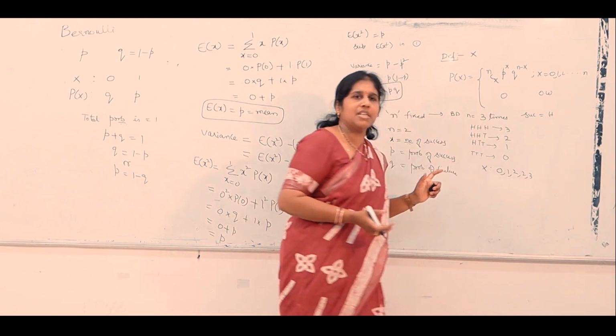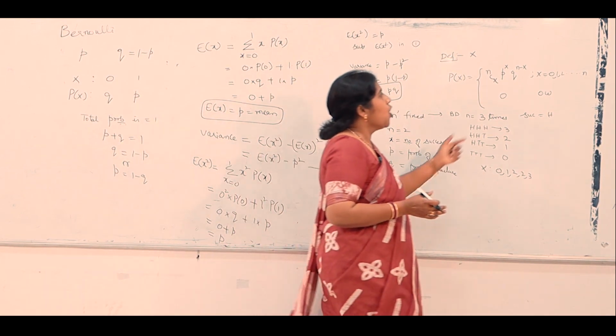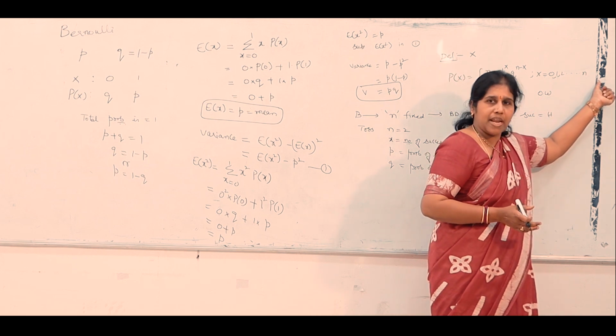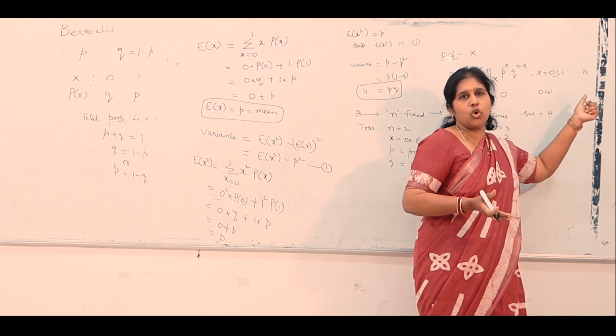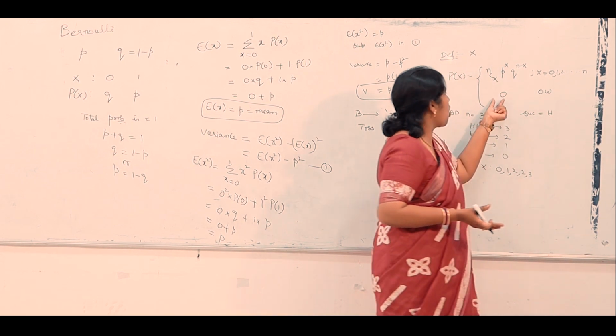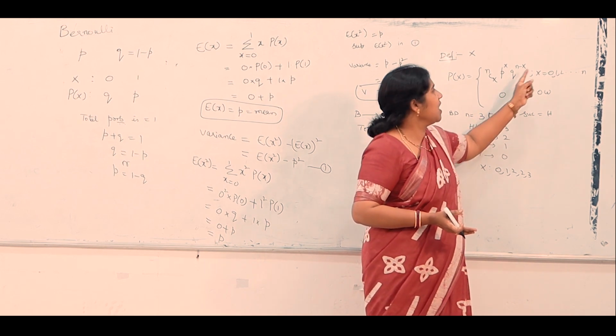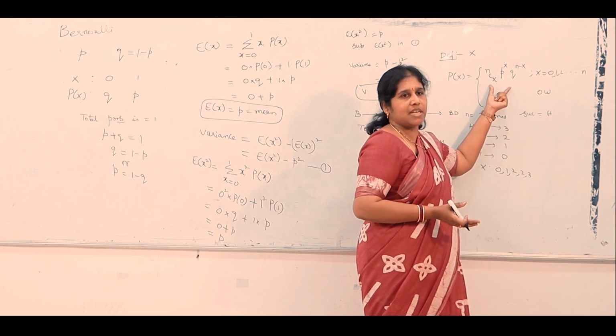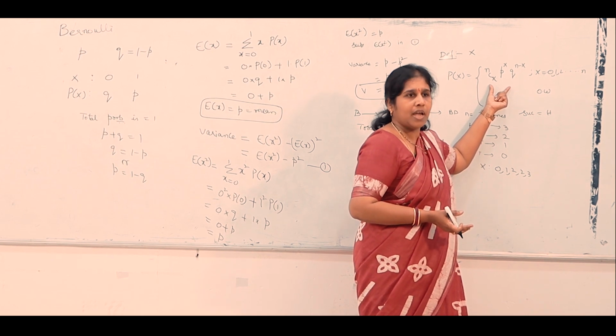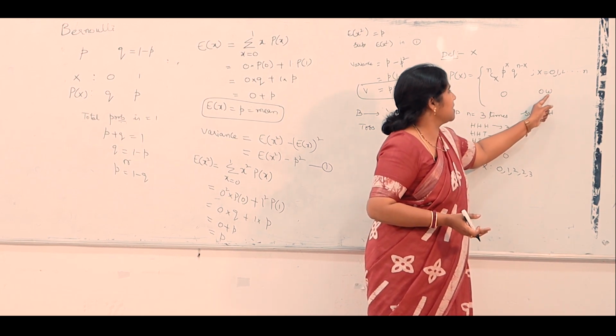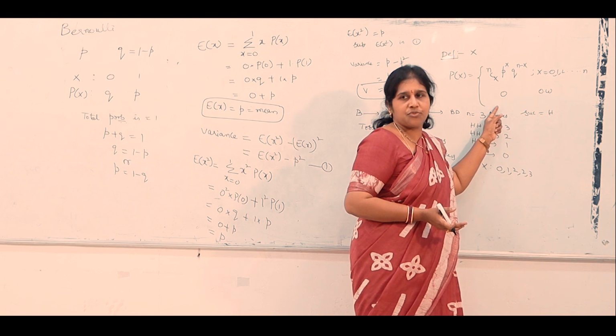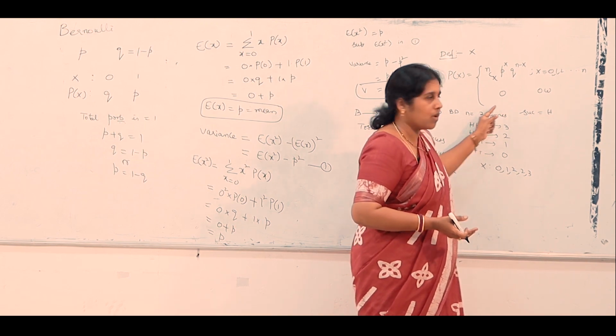This binomial distribution is defined only from 0 to n. If you get a value other than 0 to n, the corresponding probability will be 0. Only from 0 to n, it is nCx, p power x, q power n minus x. Other than this range, the probability mass function will be 0. Okay.